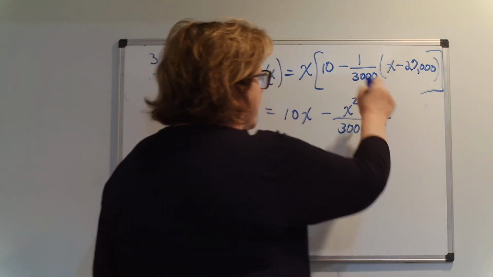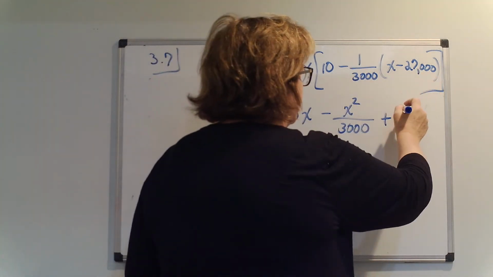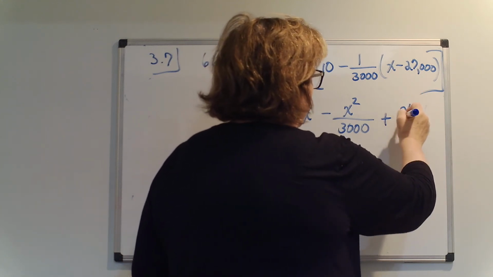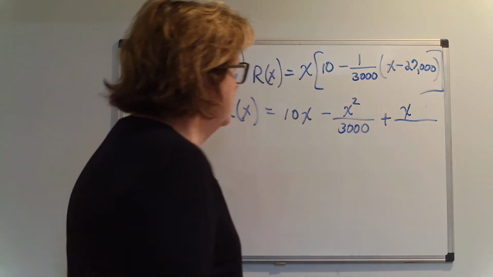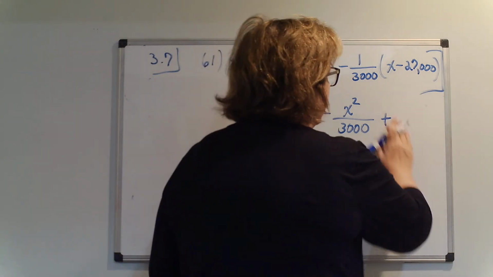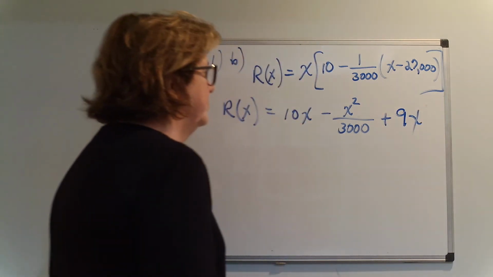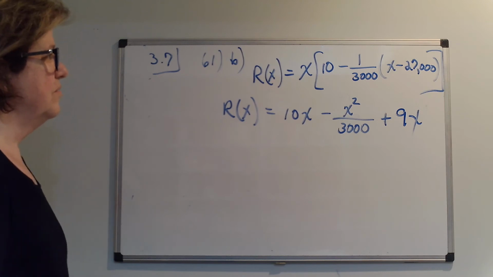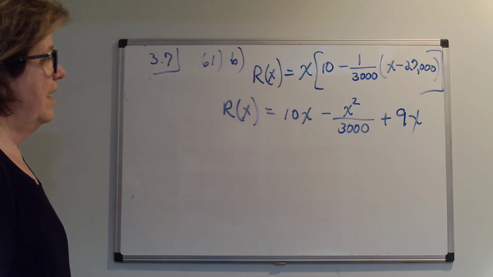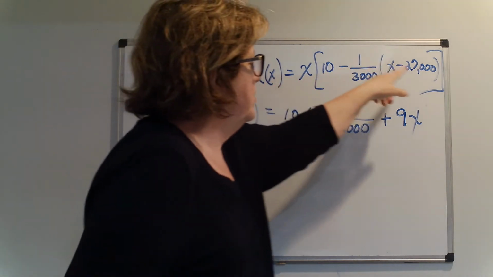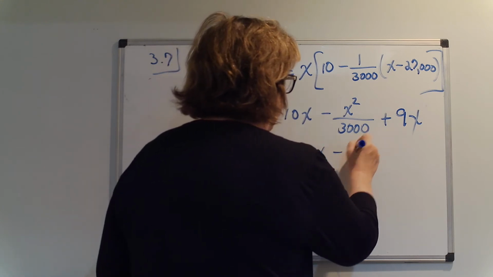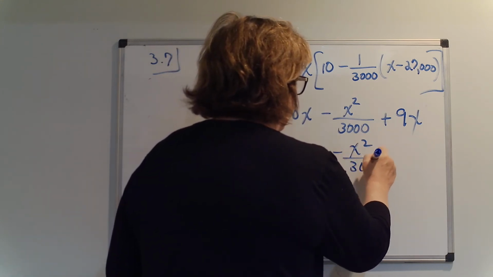And then the negative x over 3,000 times negative 27,000, which is going to be x over, what's 3,000 into 27,000? That's 9, isn't it? So 27,000 over 3,000 is 9. And x times x, and we distribute that. So we get 19x minus x squared over 3,000.